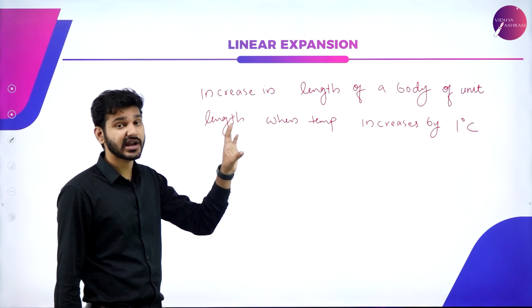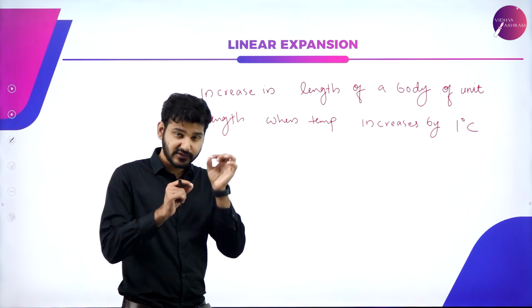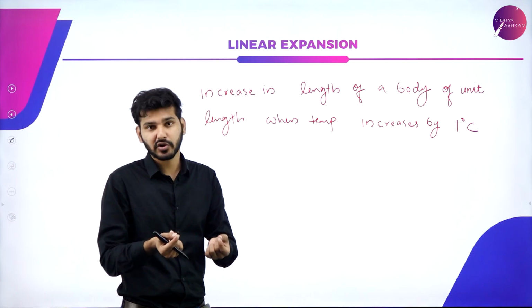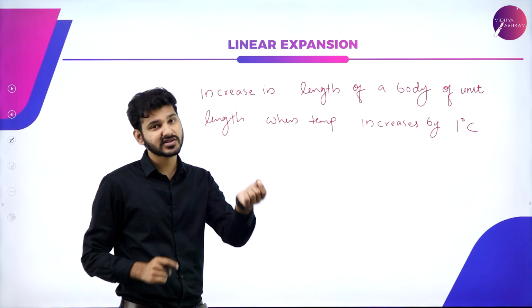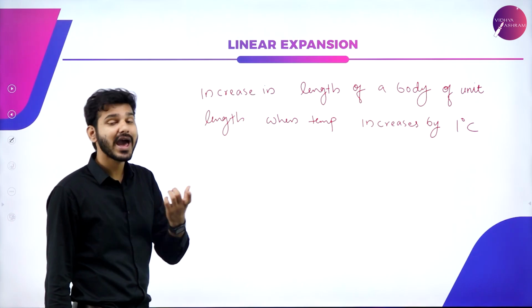If unit length is increased by raising the temperature by a unit amount, that is 1 degree Celsius, then that is the definition for alpha.